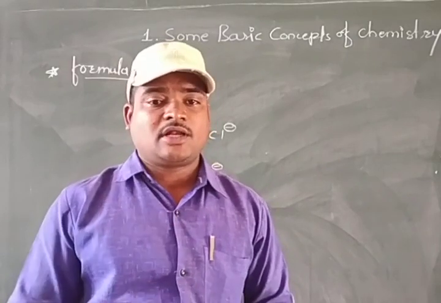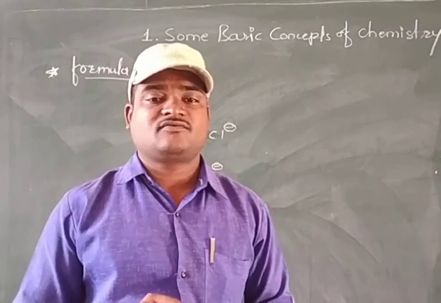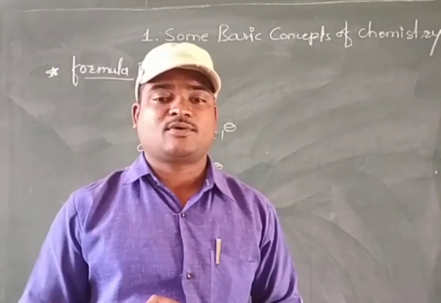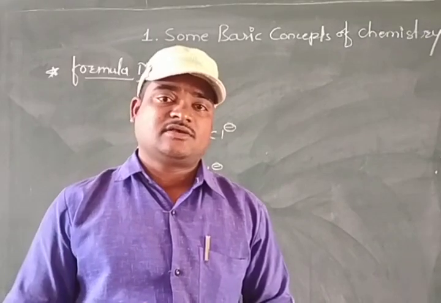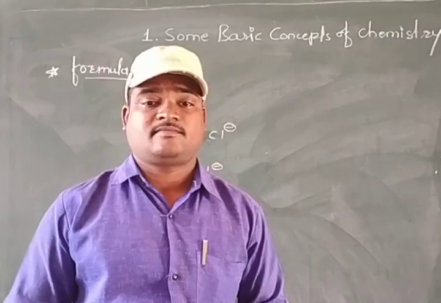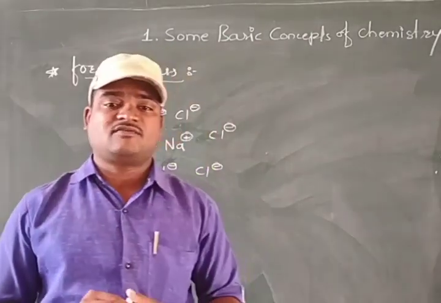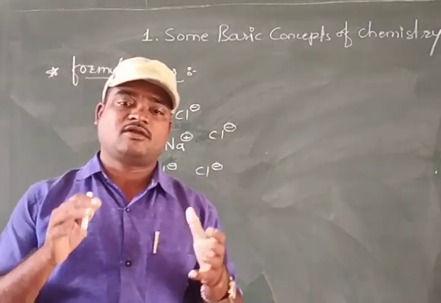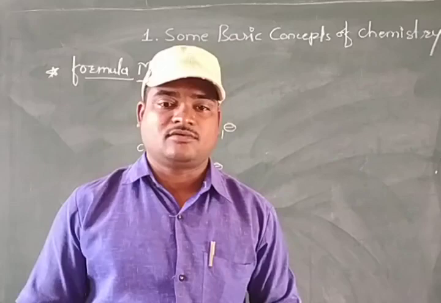Though it is not a molecule, similarly a term formula mass is used for such ionic compounds instead of molecular mass. For NaCl we are going to calculate the formula mass. What is meant by formula mass? The formula mass of a substance is the sum of atomic masses of the atoms present in the formula unit.